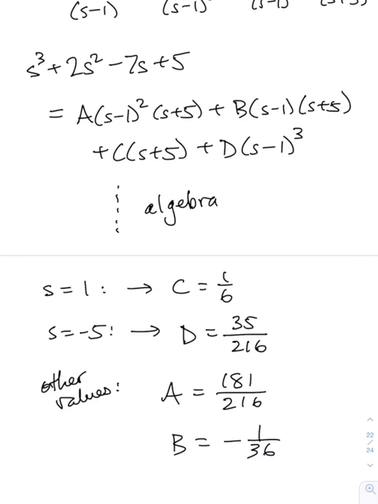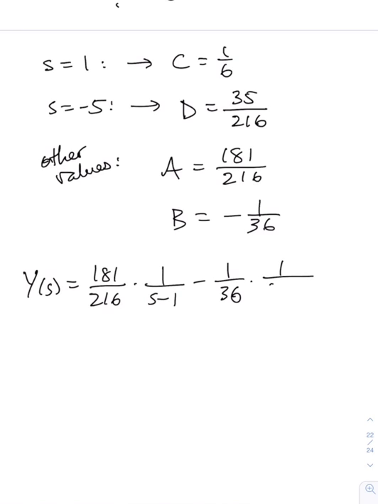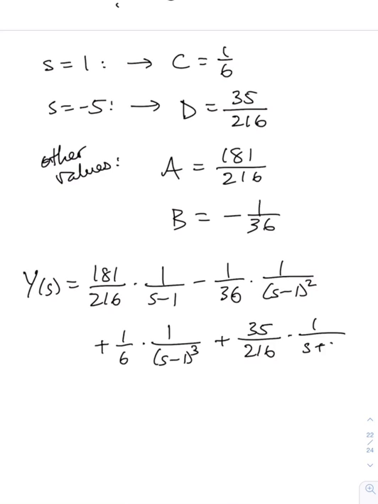Okay, so putting that back into our equation for capital Y, we end up with capital Y of s is equal to 181 over 216 times 1 over s minus 1, minus 1 over 36 times 1 over s minus 1 squared, plus 1/6 times 1 over s minus 1 cubed, plus 35 over 216 times 1 over s plus 5.